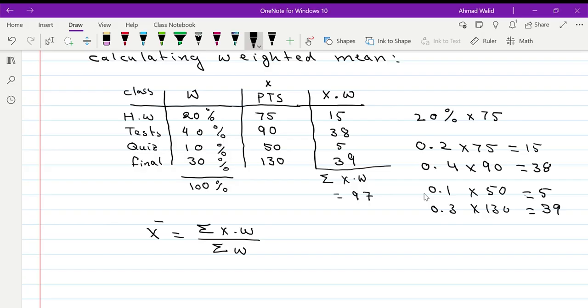It means here we take the sum, divided by 100, which is, let's do the calculation, the sum divided by 100.